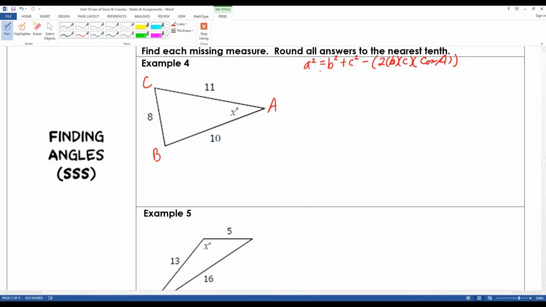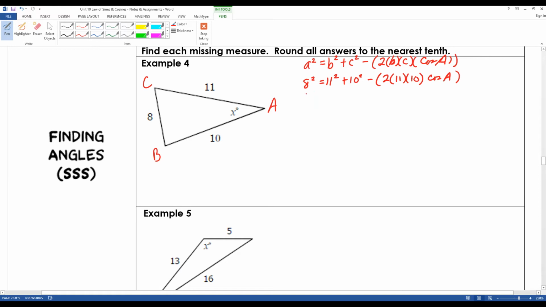So A, which is 8, equals B squared, which is 11 squared, and C is 10, minus 2 times B, which is 11, times C, which is 10, times the cosine of the angle we're looking for. Okay, so we need to basically get the cosine of A part by itself.